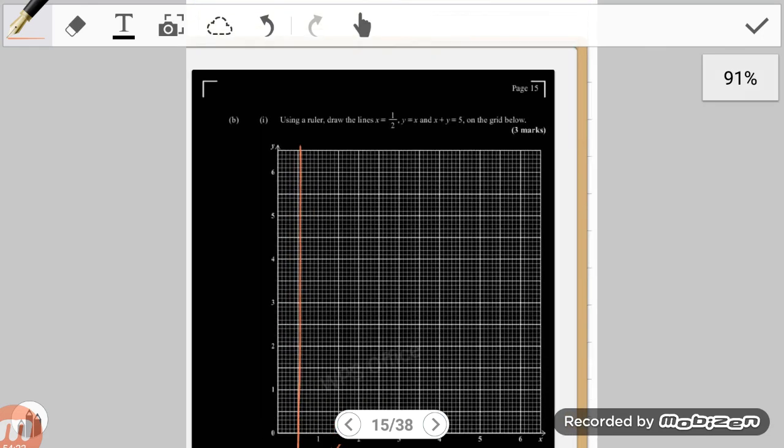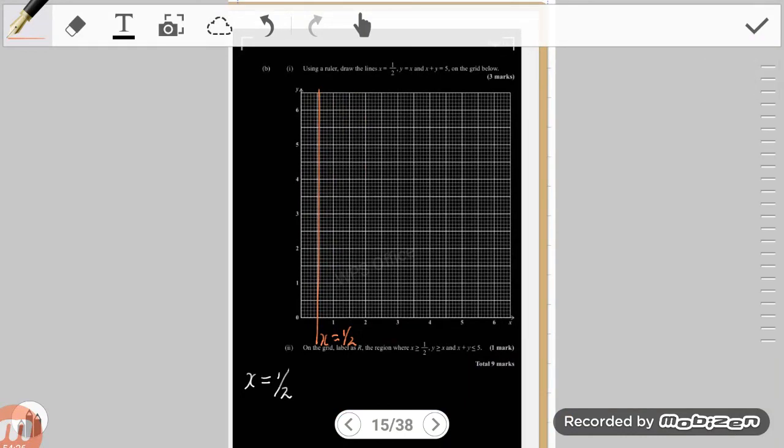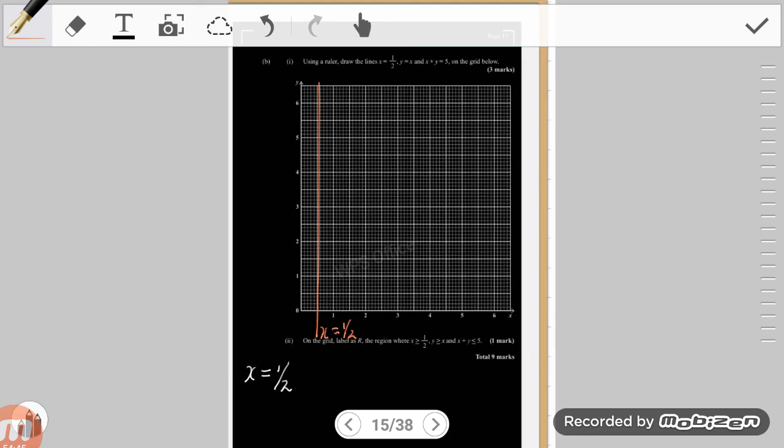We're going to also draw the line y equal x. Now y equal x is a line that runs from the origin, which is right here, 0 0, and it goes through all the vertices of the squares to the other corner. Alright, so not sure how accurate I'll be here, guys.